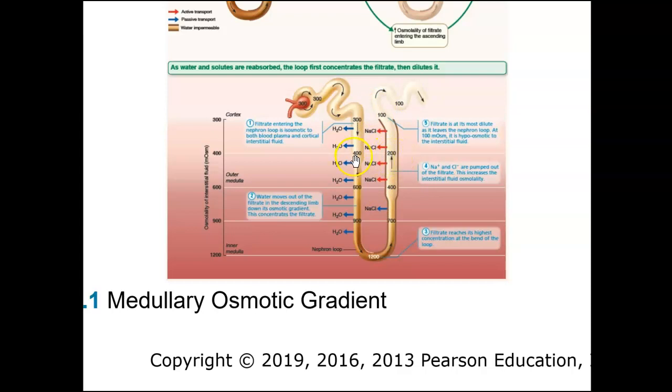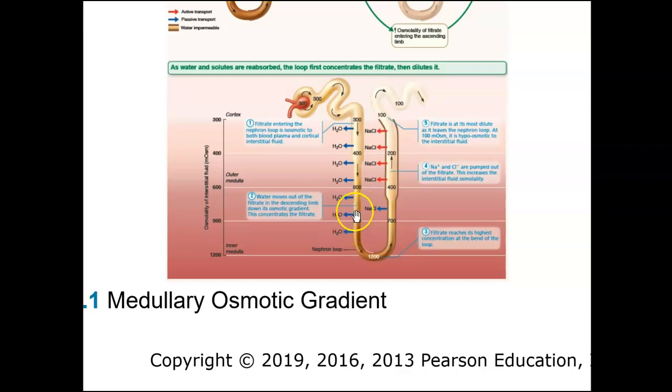But over here in the descending limb, the concentration is higher. So what that's doing is you have a higher concentration here, leading to, if you think about it in terms of a concentration gradient, let's even go down to the bottom where there's not so much going on.